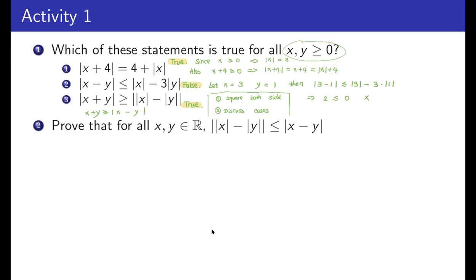Anyone know? Think about triangle inequality. Guys, think about triangle inequality.